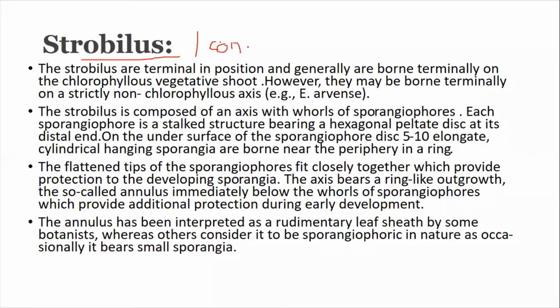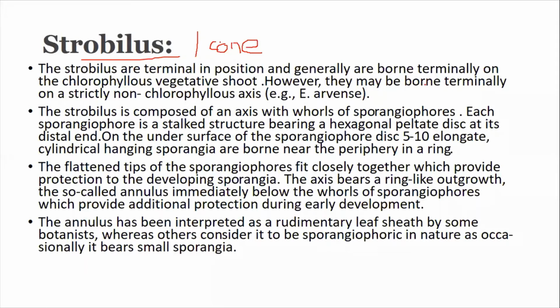What is this group of sporophylls? They are aggregated together and form a common structure, which we call a strobilus. Sporophylls are the leaves which bear the sporangia. Now, where is this strobilus formed? It is formed at the terminal position of a vegetative shoot, which we call the fertile shoot.